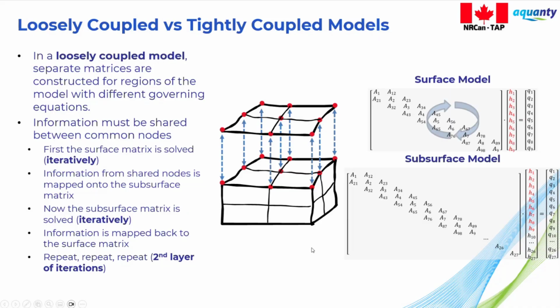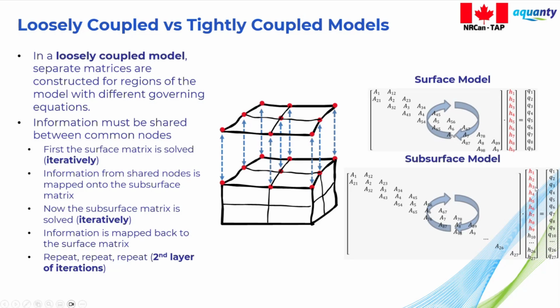In a loosely coupled system, we iteratively solve the surface model, and once it converges on a solution, we take H1 through H9 and map them onto the head vector of the subsurface model as the initial condition for the subsurface model to go through its series of iterations and come to a solution.